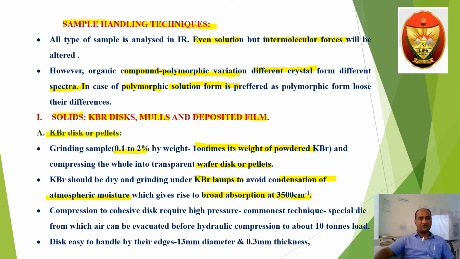For the compression, a high pressure system should be there. We use a special die and a hydraulic press that can produce a 10 ton load. Generally, the disc should be handled by the edges, and it should be 13 millimeters in diameter and 0.3 mm in thickness.